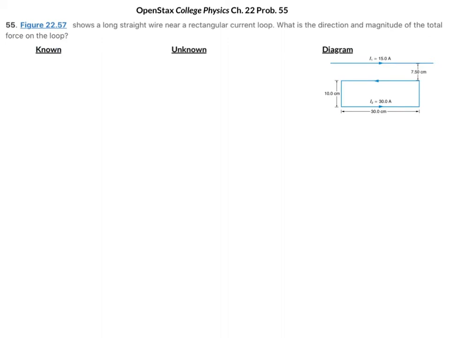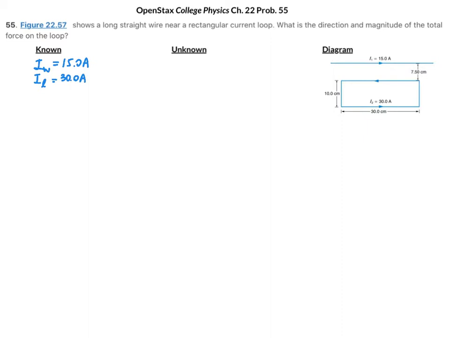We know that the current 1, which I'm going to call I sub W for current in the wire, is 15 amps. The current in the loop, they call it I2, I'm going to call it I sub L for loop, is 30 amps.